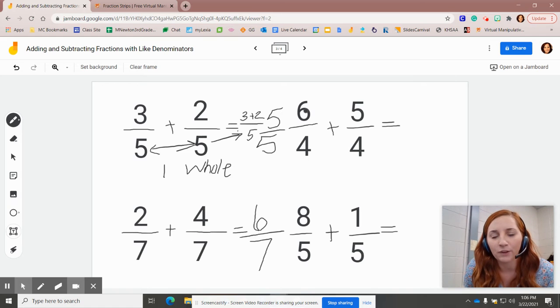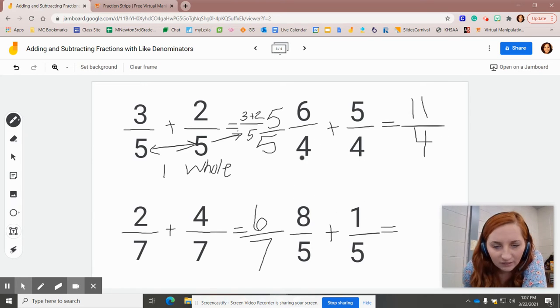Now this is an improper fraction. I know this because the numerator is larger than the denominator, but that doesn't change anything whenever we're adding. We just have to make sure our denominators are the same. They are, so we can go ahead and carry it to our answer. 6 plus 5 is 11. 11/4.